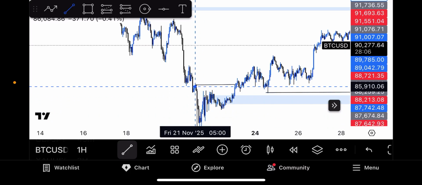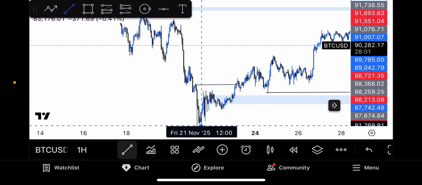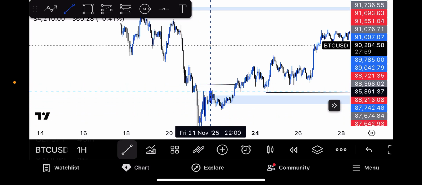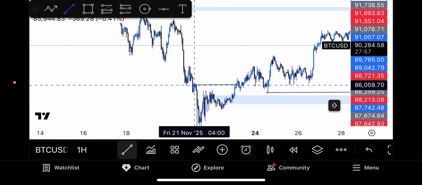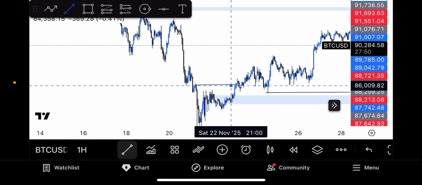This was the last lower high that price made before making this lower low. What did the price do? It broke past this high. This is where your MSS, market structure shift, is.